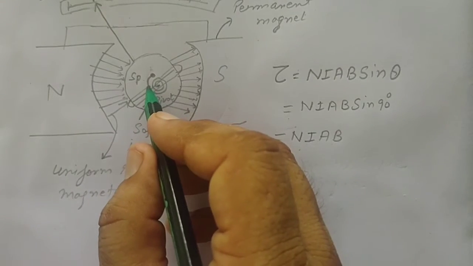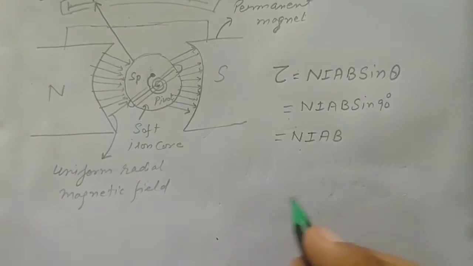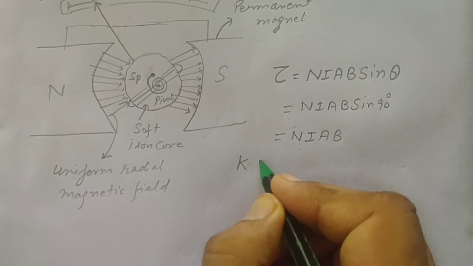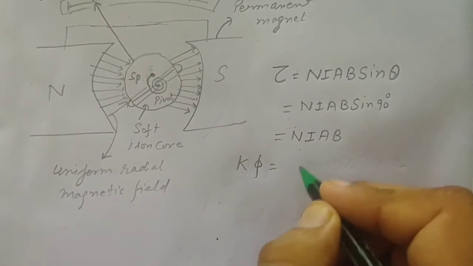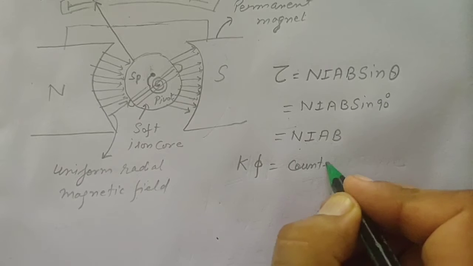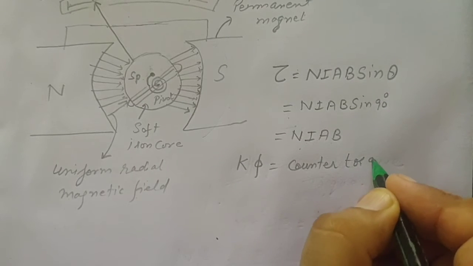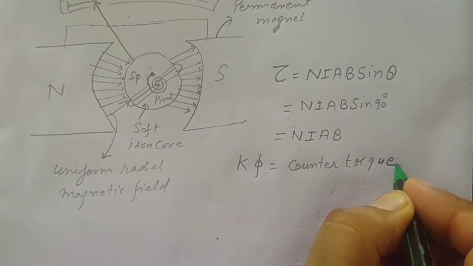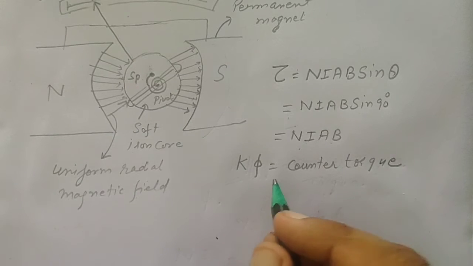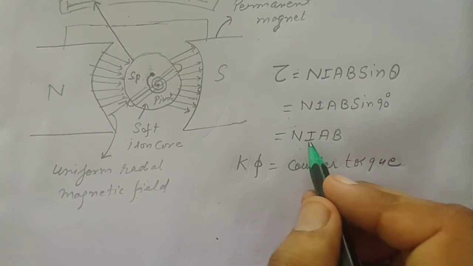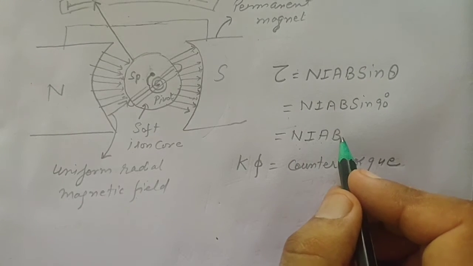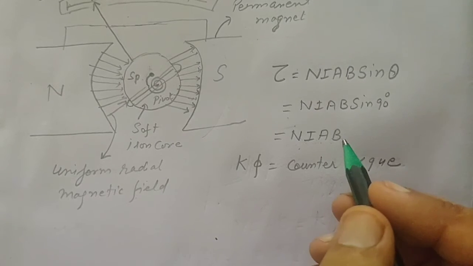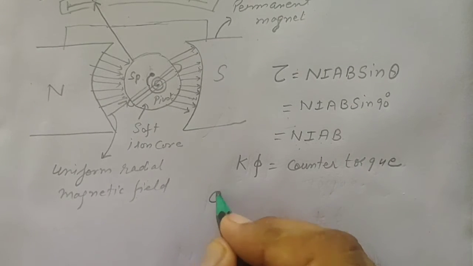A spring SP provides a counter torque K phi, that balances the magnetic torque NIAB, resulting in a steady angular deflection phi.